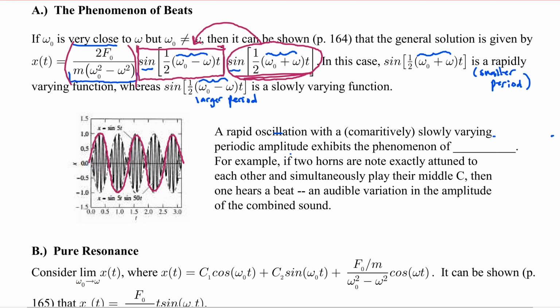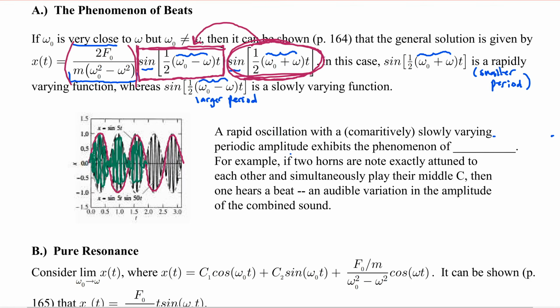So I can think about this sine wave having a rapidly varying amplitude. So the actual curve here is varying its amplitude within that larger sine wave. So you can think of it as a rapidly varying sine wave inside that larger sine wave. Okay, so it's a very interesting looking graph.